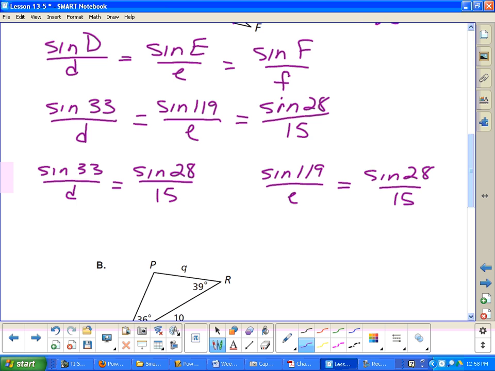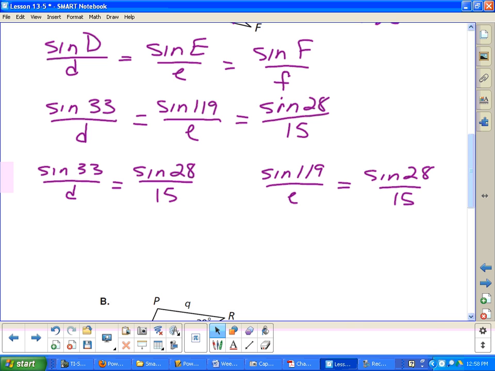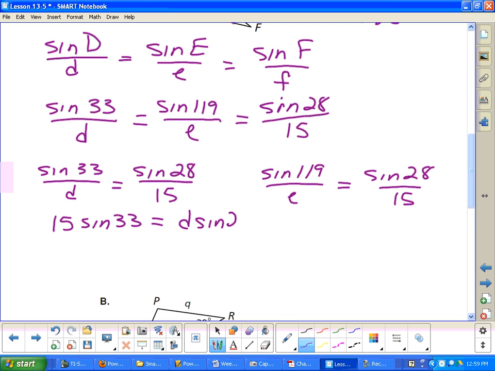And so now it's just a matter of doing cross multiplication. We cross multiply, and then as Michael said, then we're going to divide.